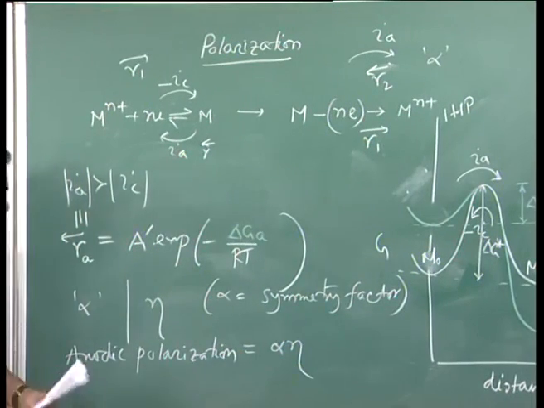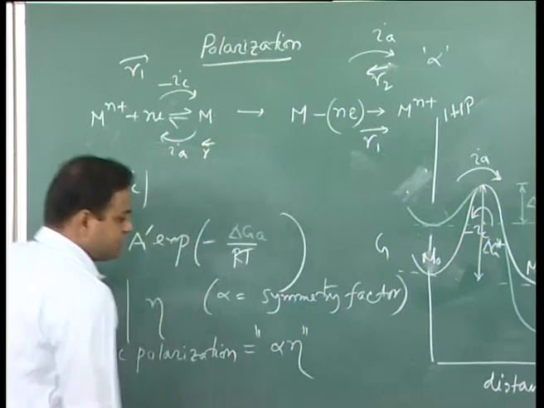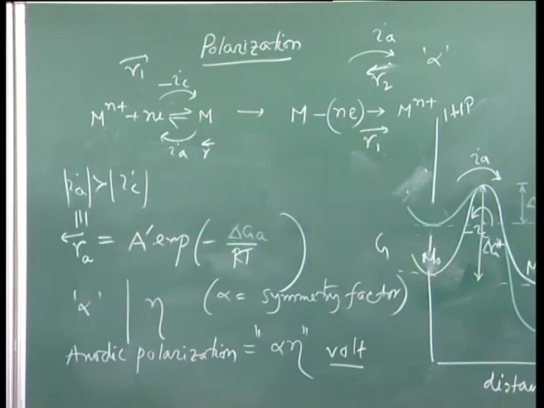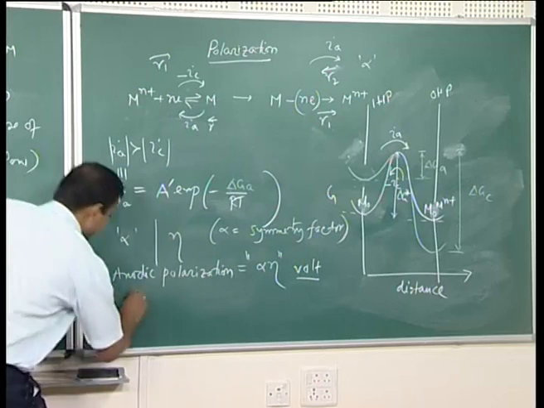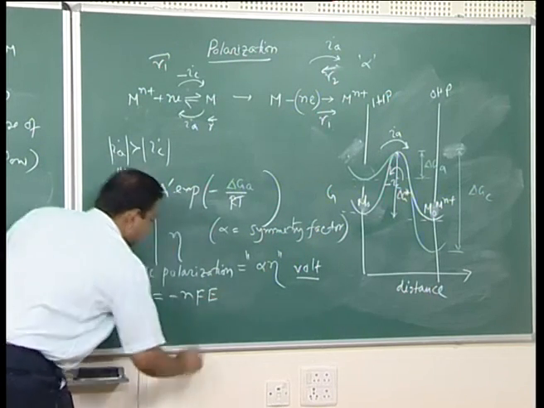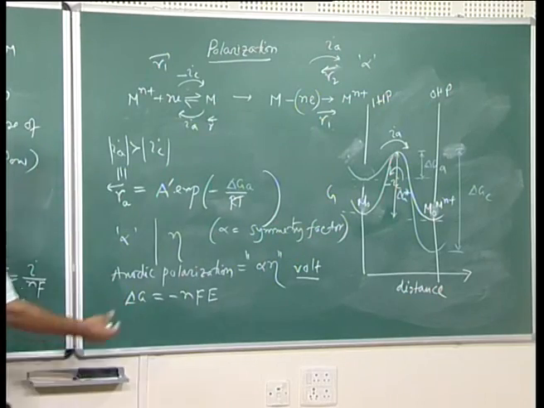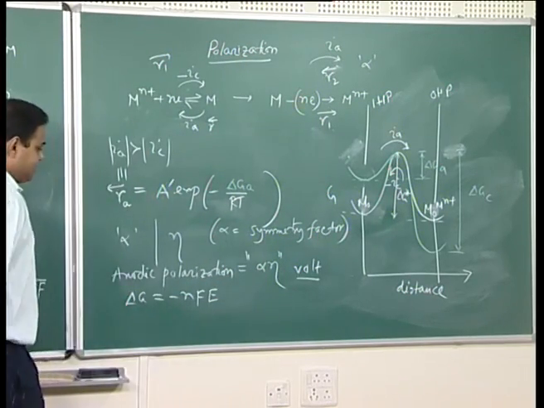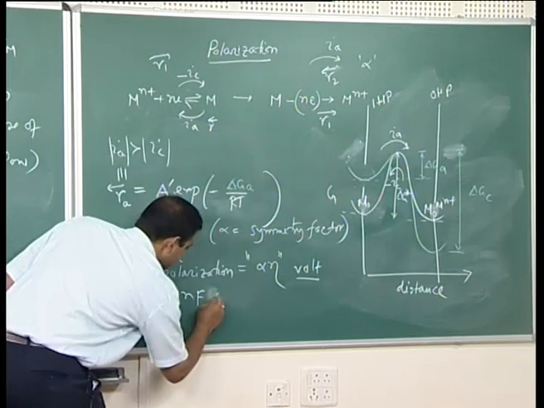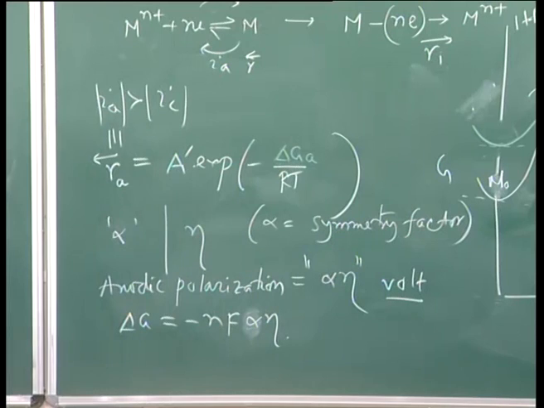Now, if this polarization is basically volts, what would be the free energy associated with it? I know that the free energy is nothing but minus nFE, and what is the voltage here? Alpha eta.